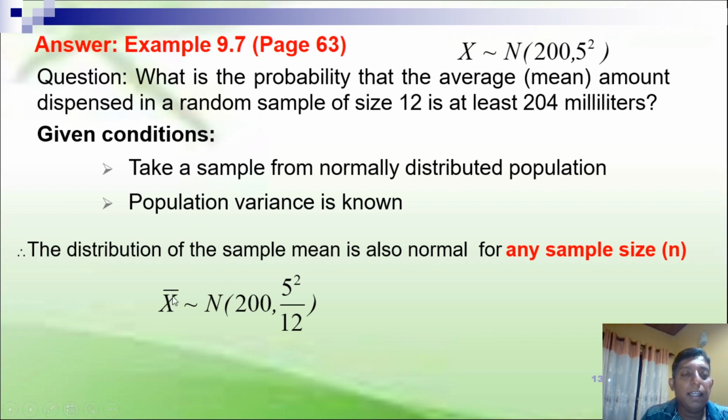Then we can say that x bar, the mean value of these samples, also follows normal with the same mean as the population, 200. The only difference is the variance. To get the variance, we divide the population variance by the sample size. Therefore, x bar follows normal with mean 200 and variance 5 to the power 2 over 12. Then convert the question into a probability statement using x bar: the probability that the mean value is at least, meaning greater than or equal to, 204.